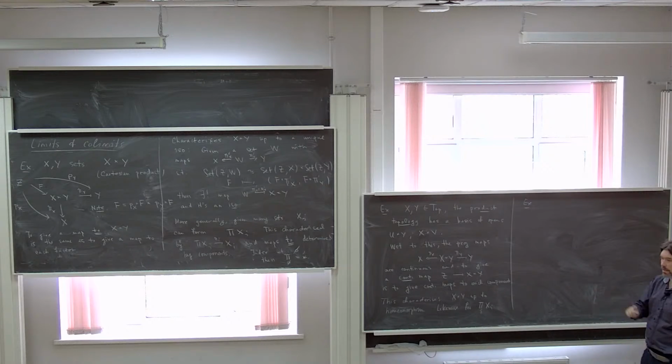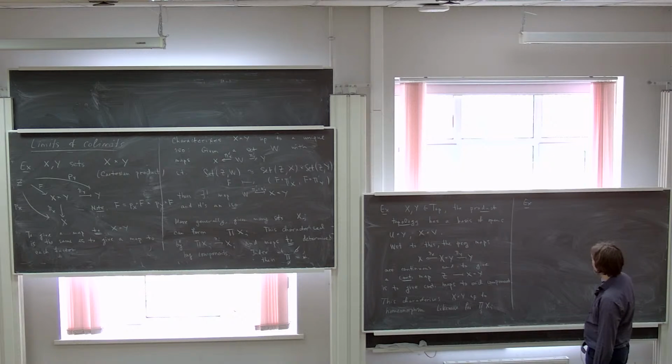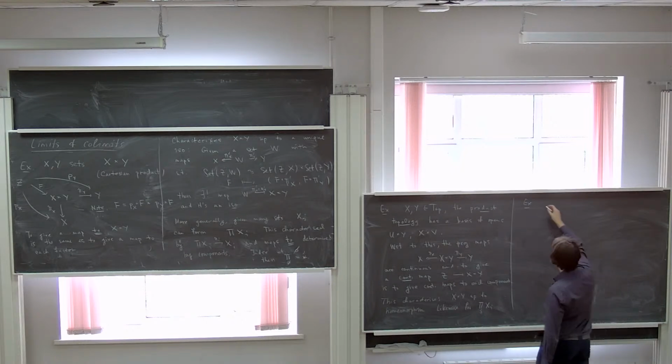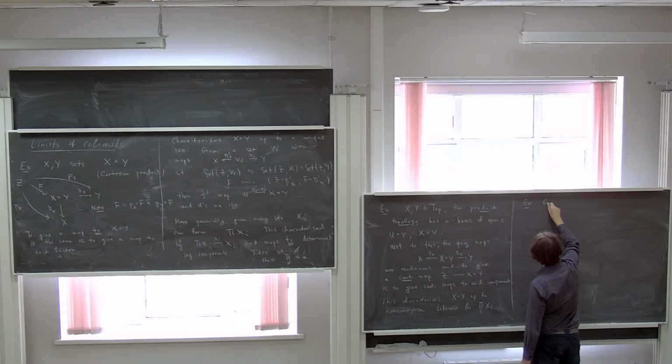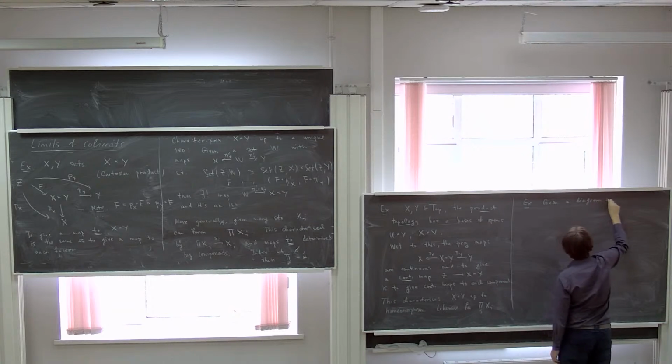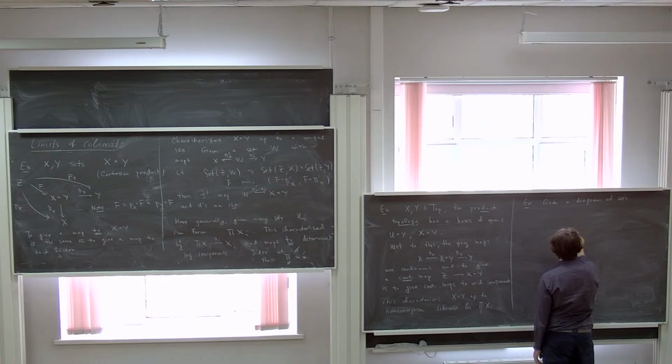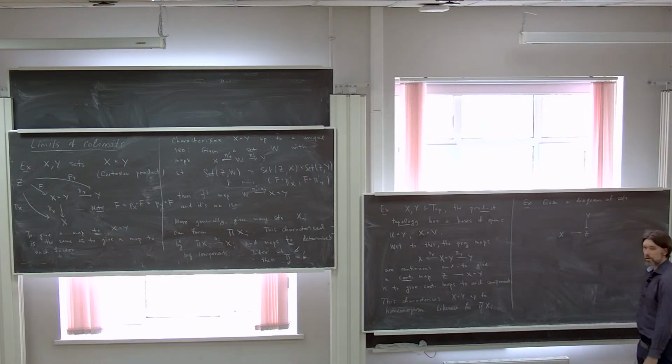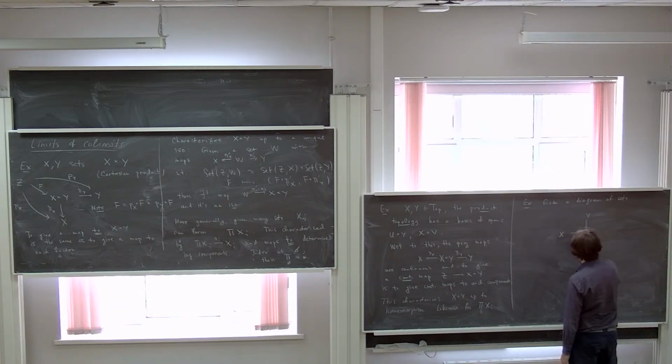Actually, before I do that, let me give a little more general example, because I need all the following kinds of examples. So given a diagram of sets, suppose I have a set X, which maps to a set Z, and Y also maps to it, f and g.